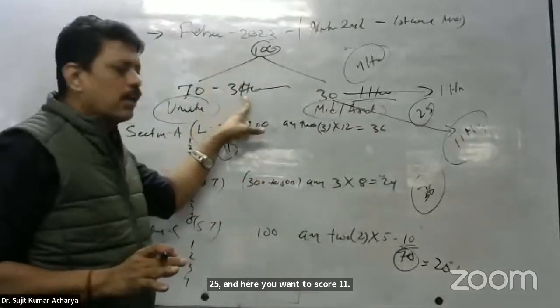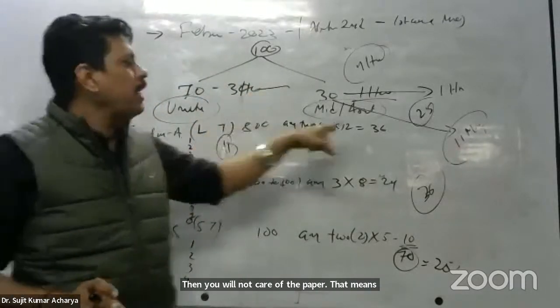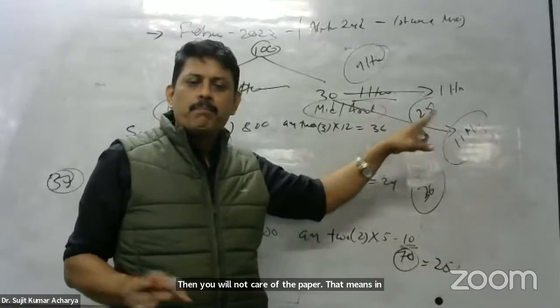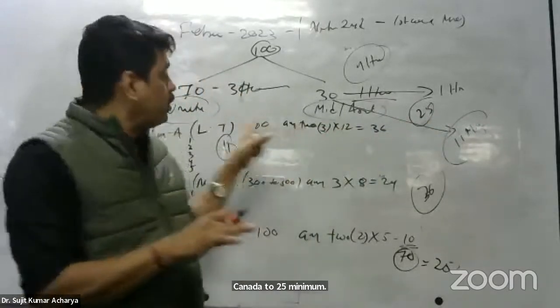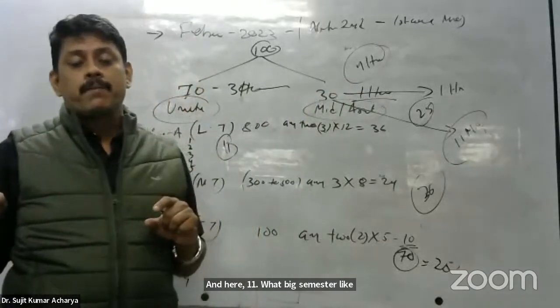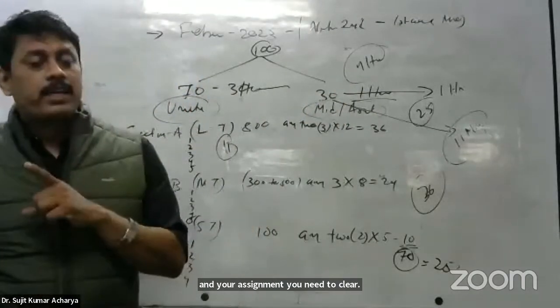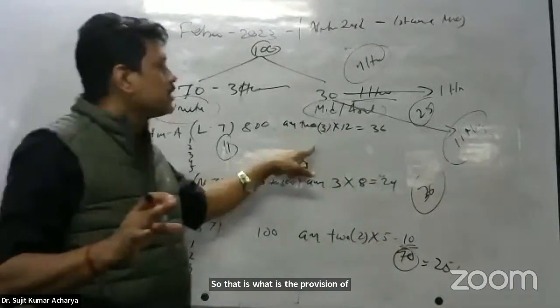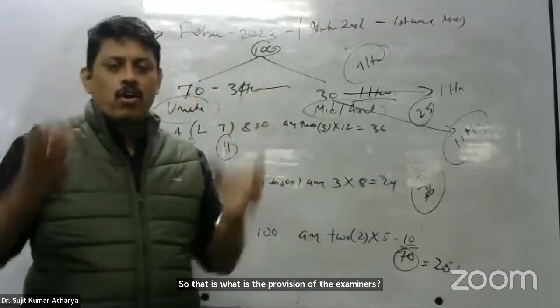That means 25 minimum here and 11 minimum there, in both the university and your assignment you need to clear. That is the provision of the examination. Now 36 marks, and again you need to clear all the papers.